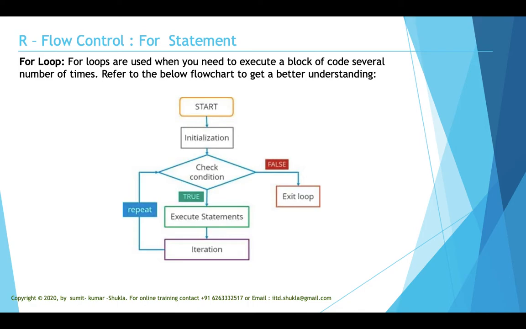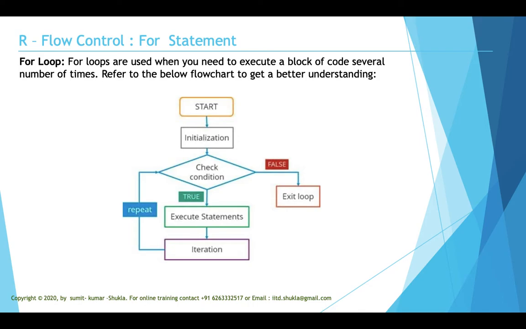Next it will check the condition, and if the condition is true, it will execute the set of code for the specified number of times. Iteration is nothing but repeating it till the number of times you have given. And if the condition is found to be false, it will immediately exit the loop.